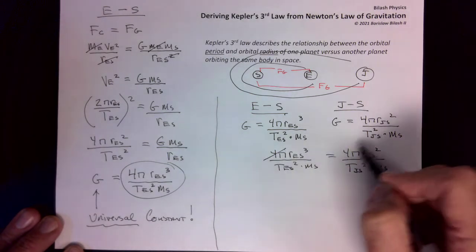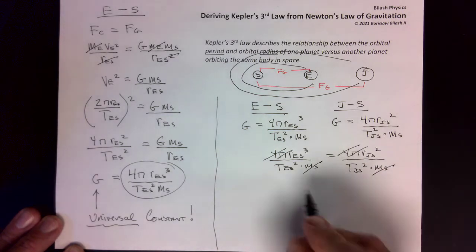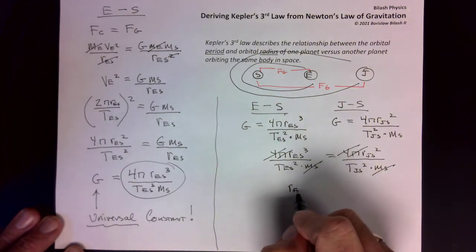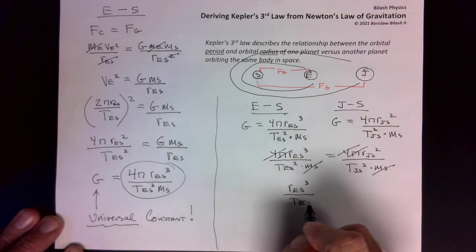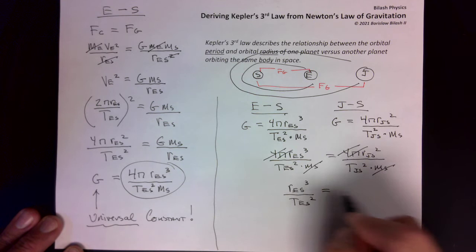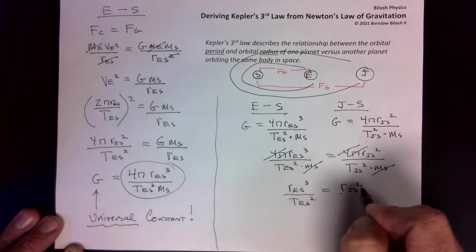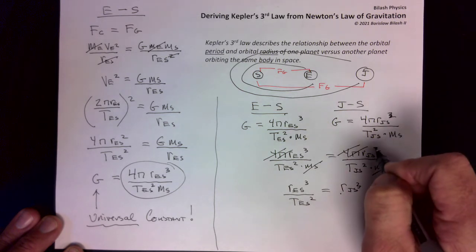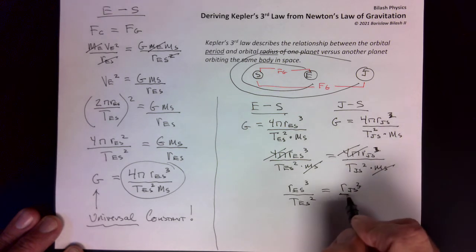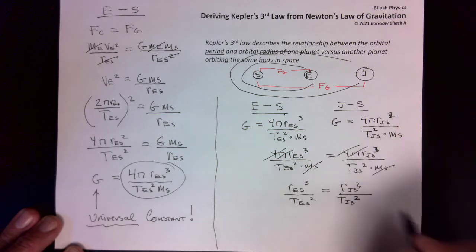I can get rid of the 4, the pi squared, and the mass of the Sun, and I'm left with this relationship: RES cubed divided by TES squared is equal to the radius of Jupiter around the Sun cubed divided by TJS squared.